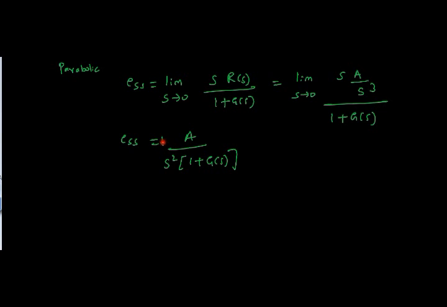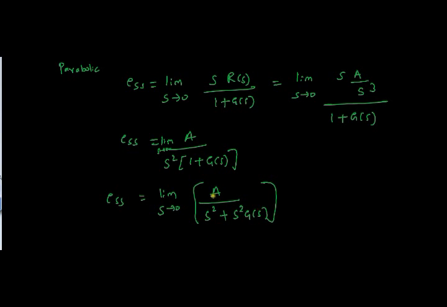So there is a limit here, s tends to 0. So we can simplify it. Limit of s tends to 0 of A upon s square plus s square into G(s). Again, we are applying limit for the whole of this.